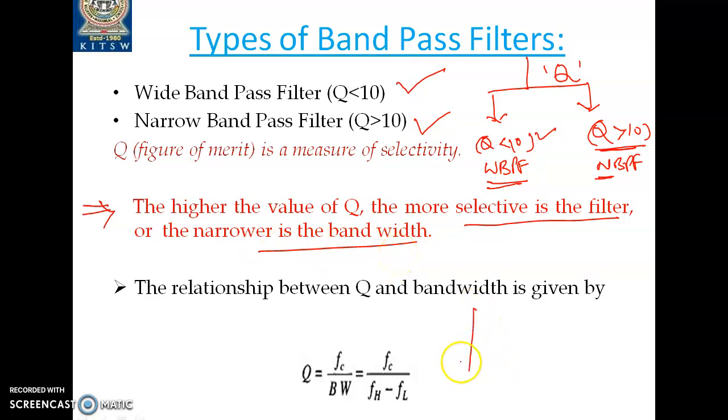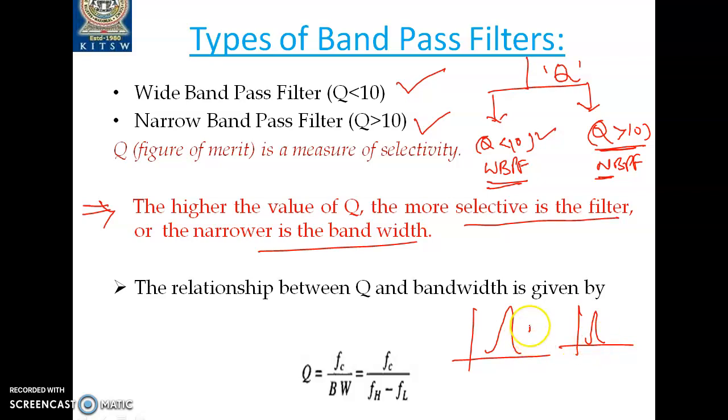As we have already seen the frequency response, there are many categories we are going to be accompanying. How many frequencies you want to allow, and what bandwidth is required, depends on the design of any kind of application. For an application where I require only a very small bandwidth, the band pass filter should be this one.